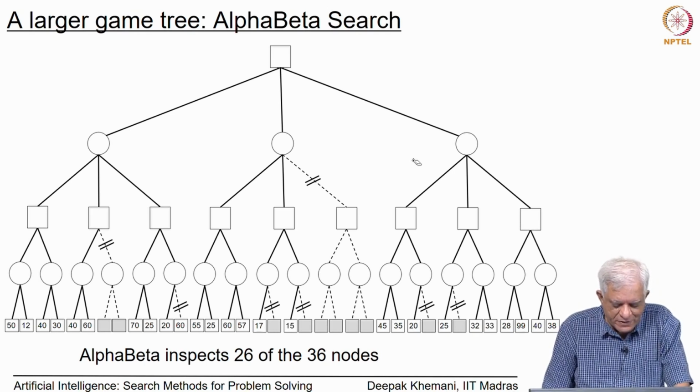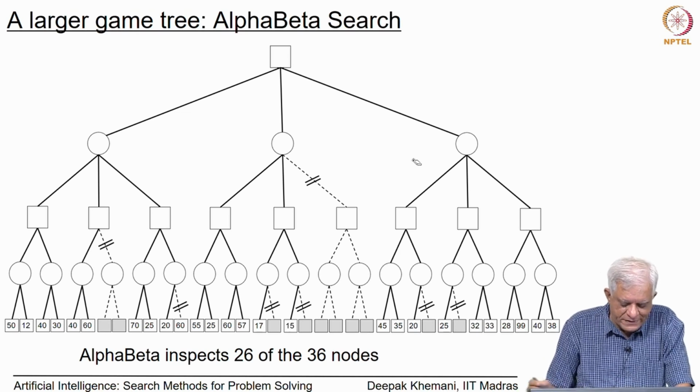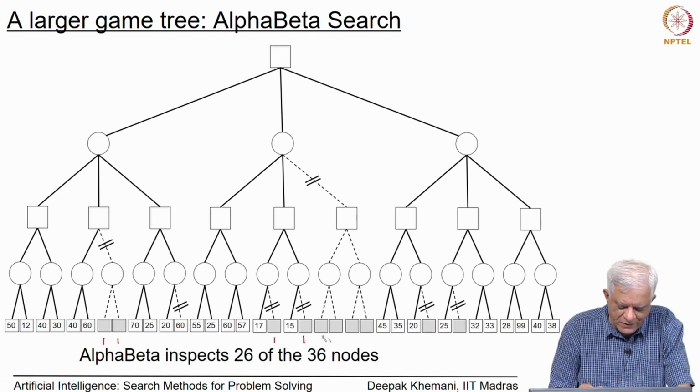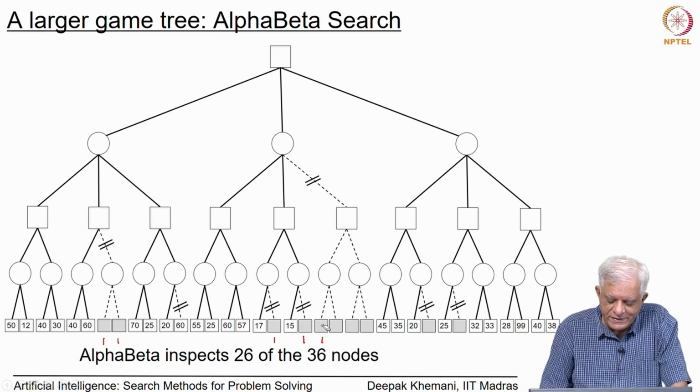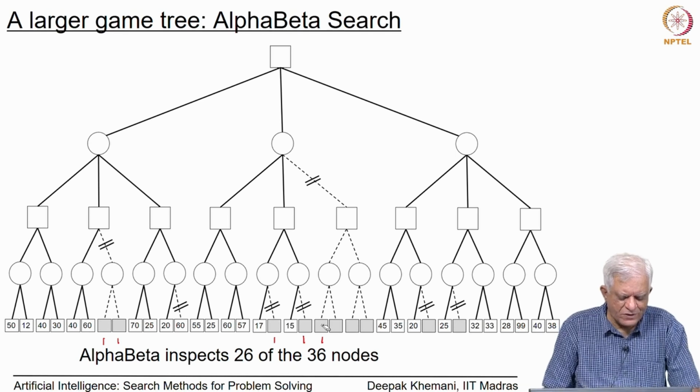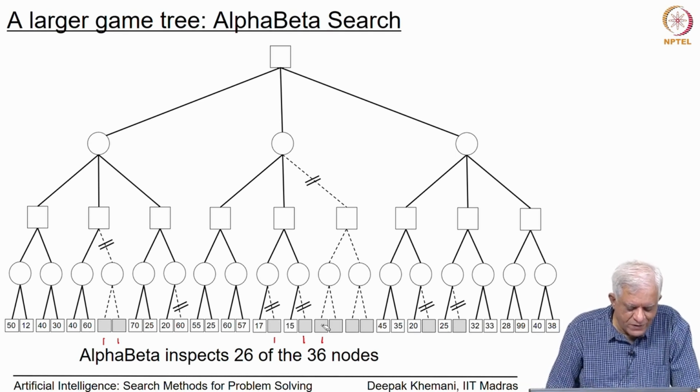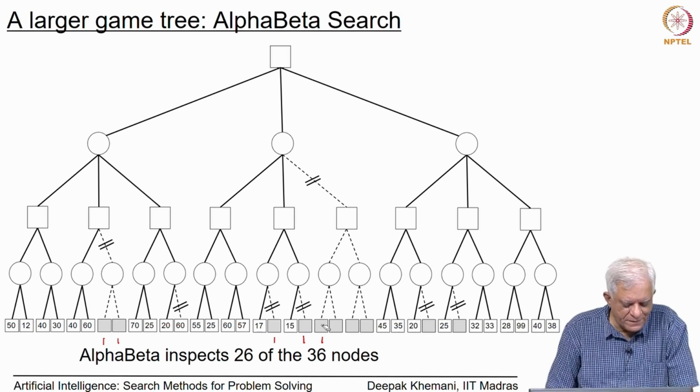In particular, observe that in the nodes that have not been visited by alpha beta, which are these shaded nodes here, if you were to put in any value, it would not change the minimax value of the entire game tree. So, just to do a quick study of what is the cutoff happening here.